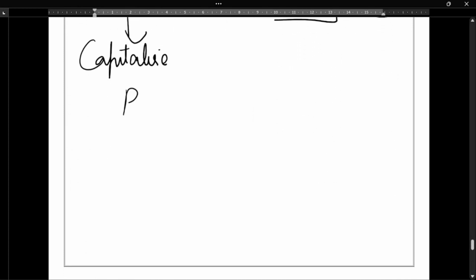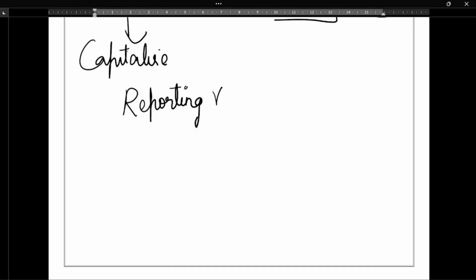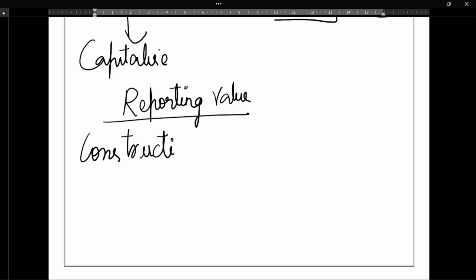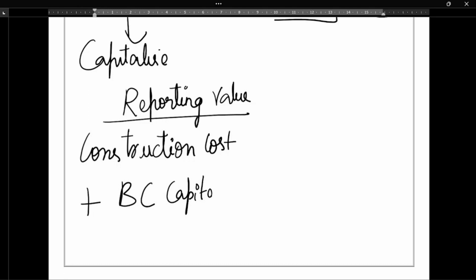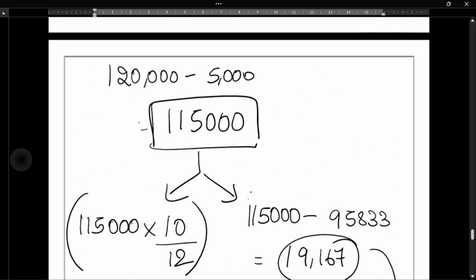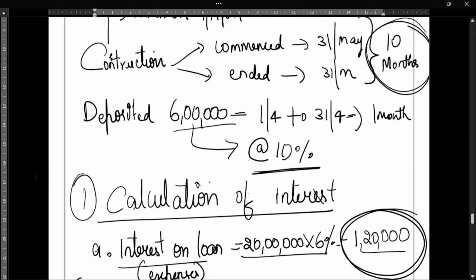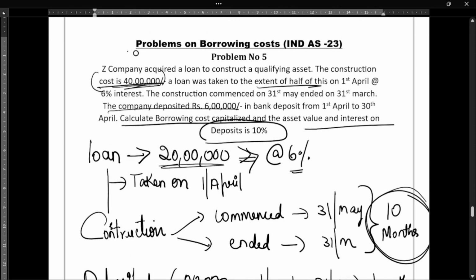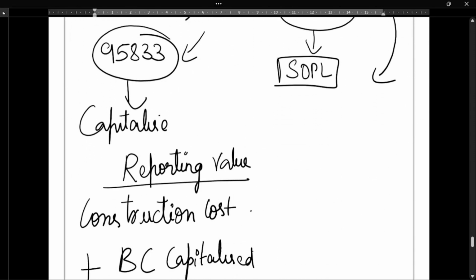Now next step, we have to find out the reporting value. So construction cost plus borrowing cost capitalized. What is the construction cost? Construction cost here is 40 lakh.